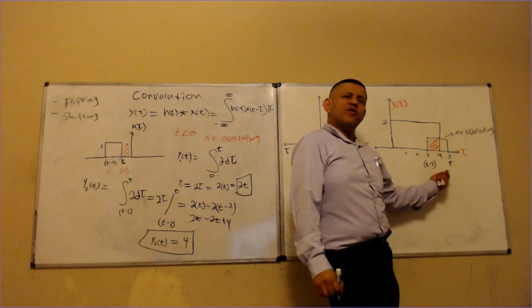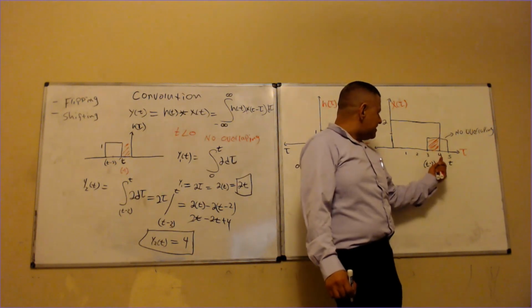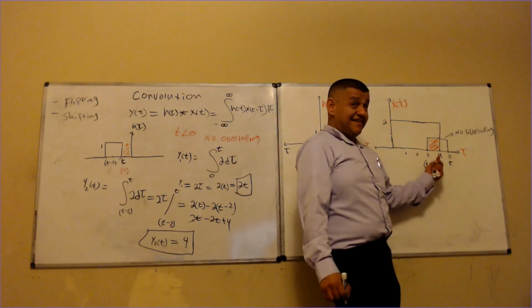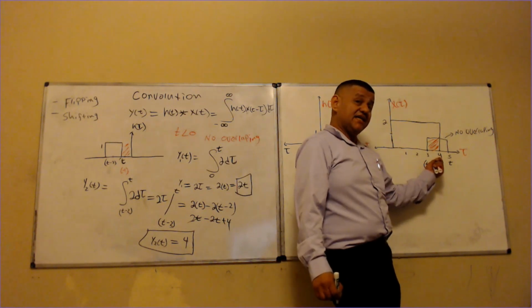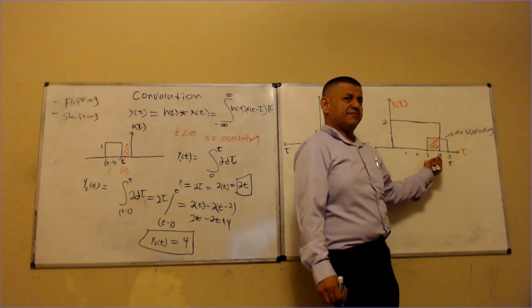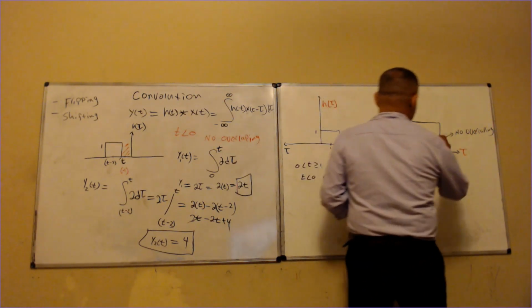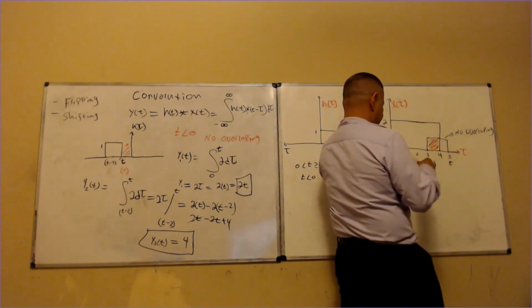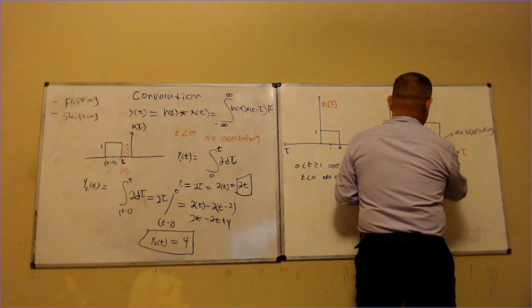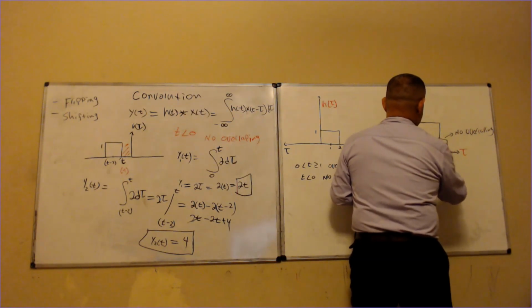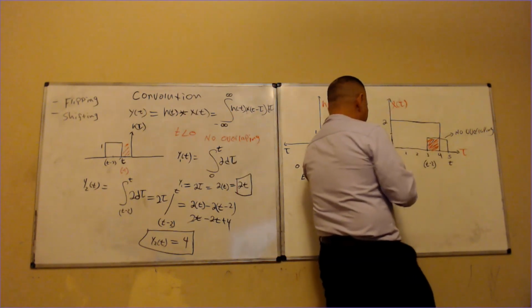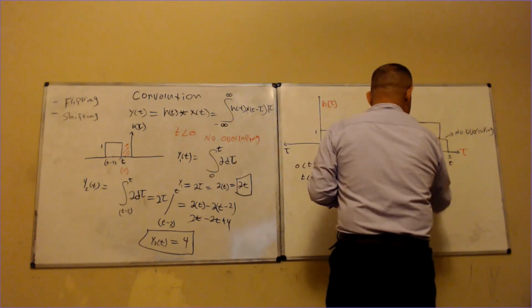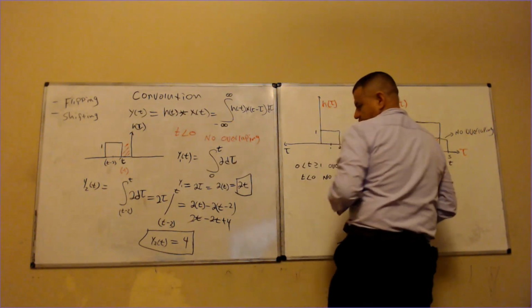But remember what I said, that t stops existing until I get to the last point of that region that I'm considering. So now what I'm considering is this point, from this to 4.